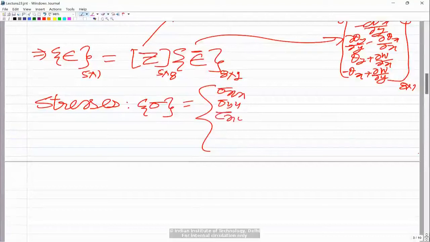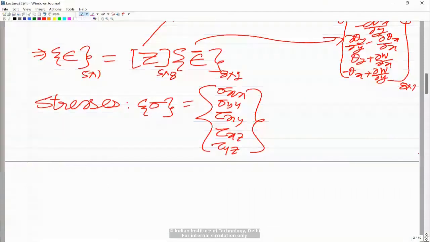So we have tau xy, and let me reverse the sequence, tau xz and tau yz. So these are the stress components which are non-zero. At any point in plate bending problem, you will have 5 components of stresses: sigma xx, sigma yy, tau xy, tau xz, and tau yz. So 2 normal stresses and 3 shear stresses, out of which tau xz and tau yz are transverse shear stresses.